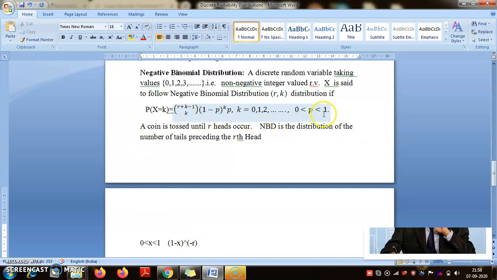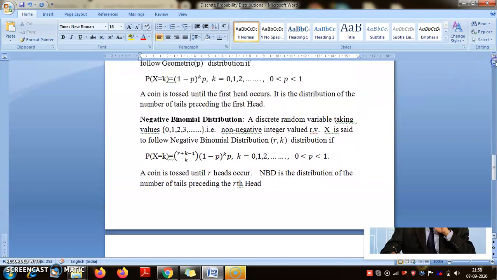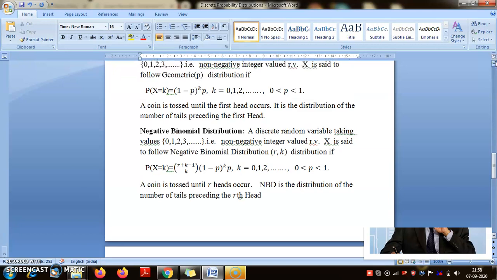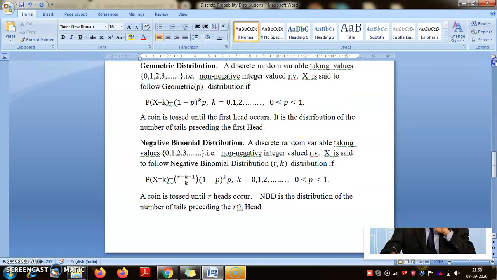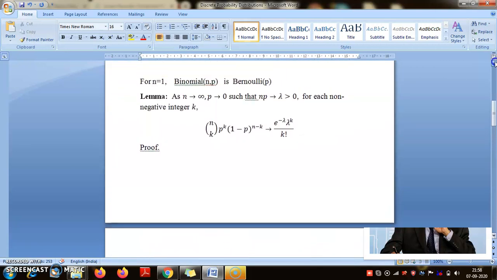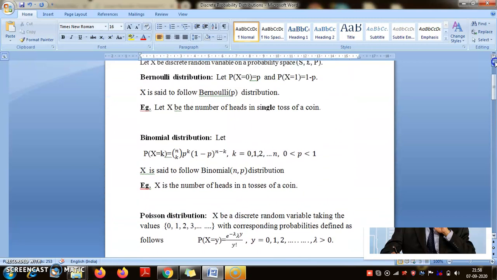So negative binomial and geometric distributions are similar. When you toss the coin until you get one head, that is geometric, and when you toss a coin until you get r heads, where r is more than 1, you get the negative binomial distribution. Binomial and Bernoulli are one type of distribution, where you toss the coin finitely many times.